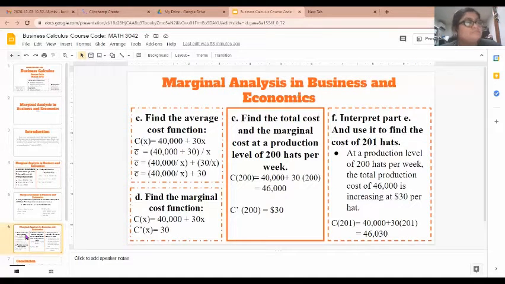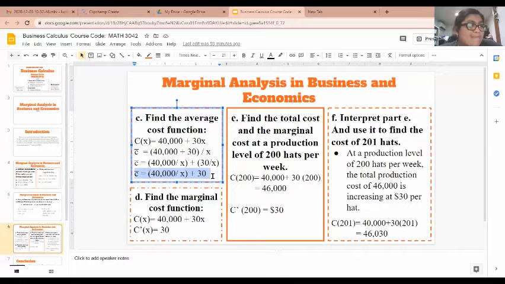For C, the question is find the average cost function. When we are looking for the C average, we know that all we need to do is put it over x. So that's what we did here. And D, find the marginal cost function.